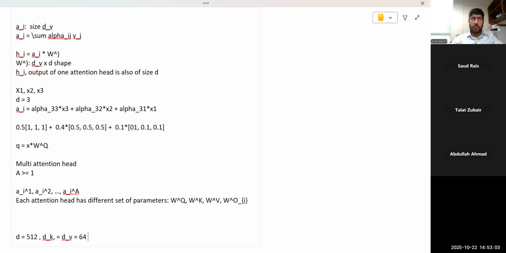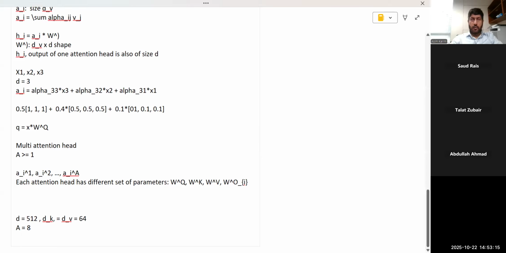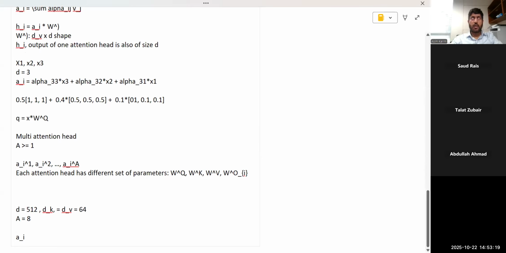So इस सेंस में, and of course A जो था वो 8 था. There were 8 attention heads in one transformer block. ठीक है. So for one transformer or attention head जो a_i होगा उसका साइज क्या होगा? As we said, it will be 64. D_V होगा.